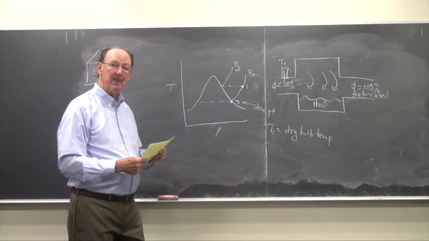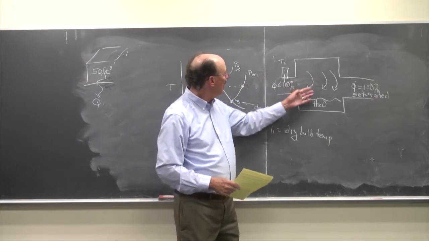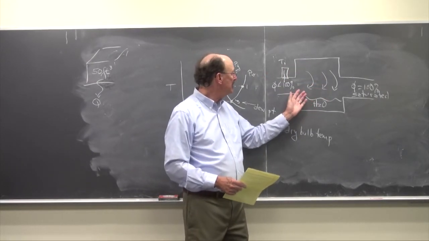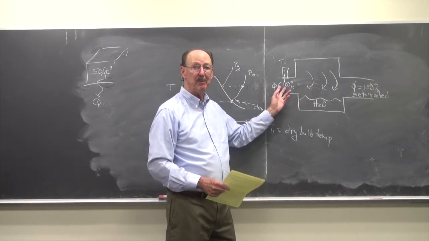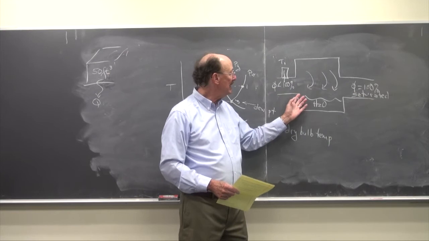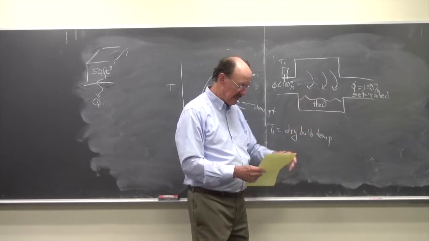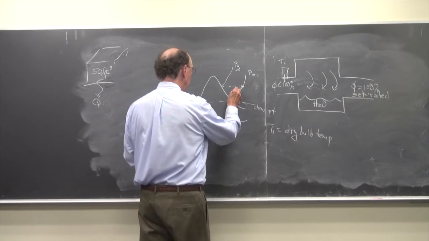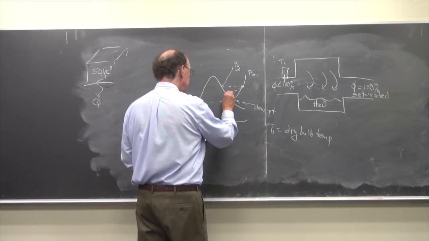Now the water evaporates. The energy to cause evaporation comes from the enthalpy of the air. It's a constant enthalpy process, a constant H process, going from state 1 to state 2.